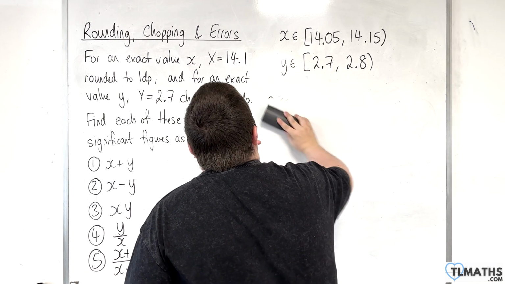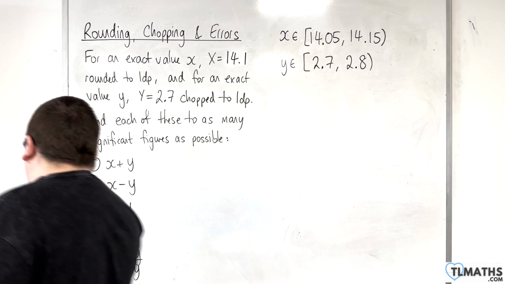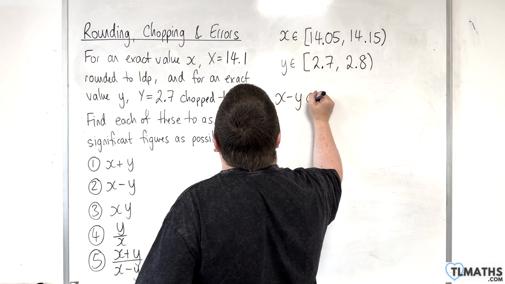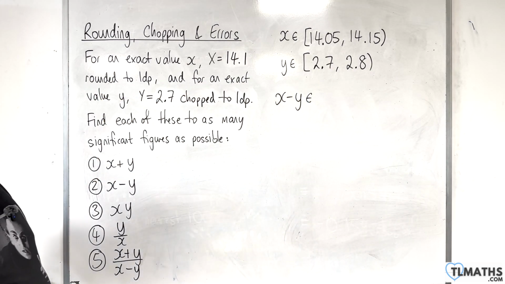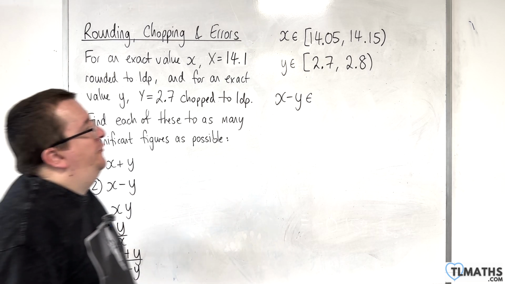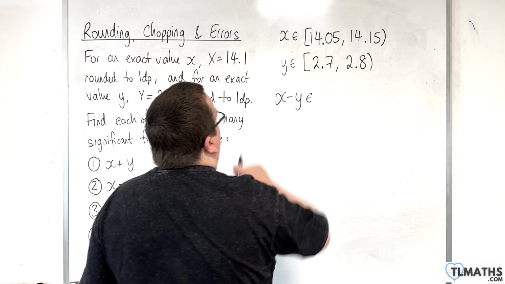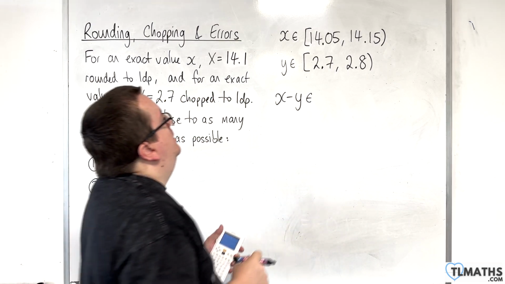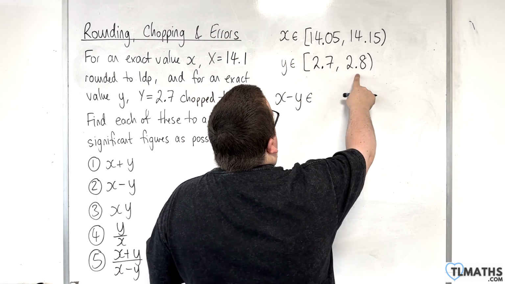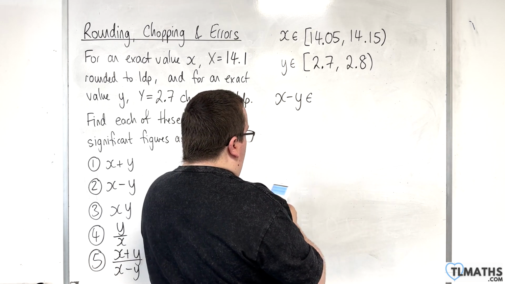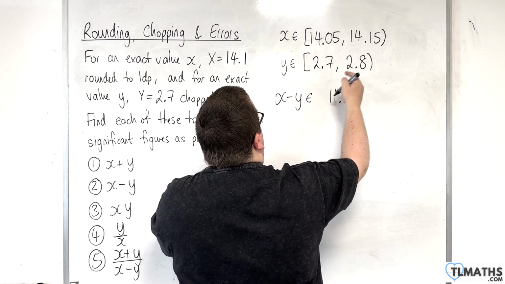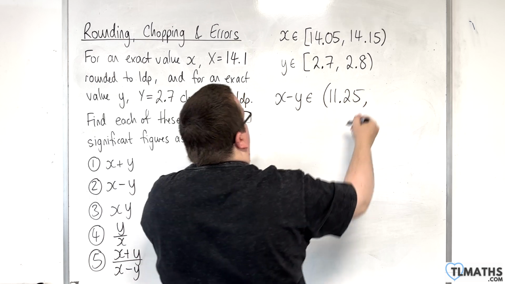Okay, we'll leave those on the board, so we're going to use those. So number two is x take away y. For x take away y, if we want the smallest possible value it could be, we want the smallest possible value of x and the largest possible value of y. So that would be 14.05 take away the largest value of y, which is 2.8. And that's 11.25. Now, because we're using 2.8 there and we can't actually reach 2.8, we're going to have a curved bracket around that one.